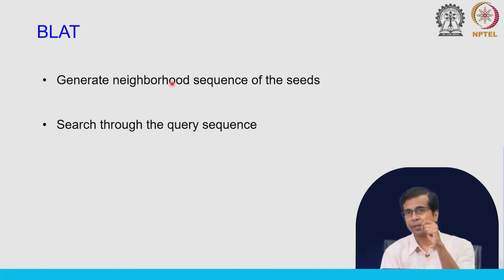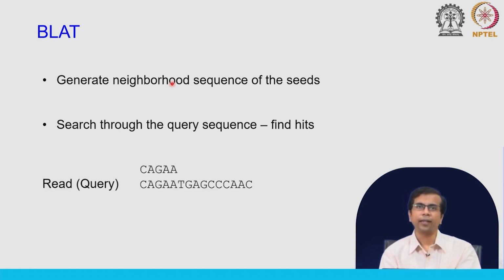Without going into all the details, because we have seen how you generate these neighborhood sequences, you generate those for the seeds here, search through the query sequence, and find hits. Again, you expect perfect matches because we have considered these variations. When you are considering these neighborhood sequences with certain mismatches, we are accounting for sequencing errors.